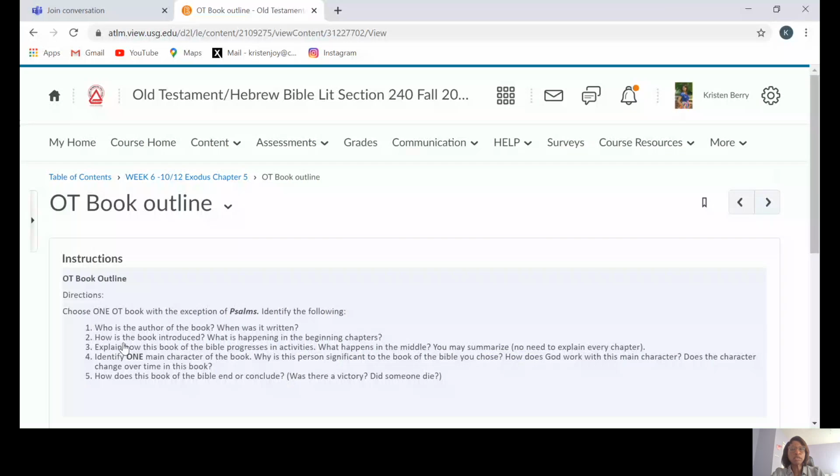And with that, you are going to tell me who is the author of the book, when was it written. A lot of the books, you can find that information in the beginning of the book. Sometimes in your Bible, it'll tell you some information about who it was written by. I want you to thumb through the book.